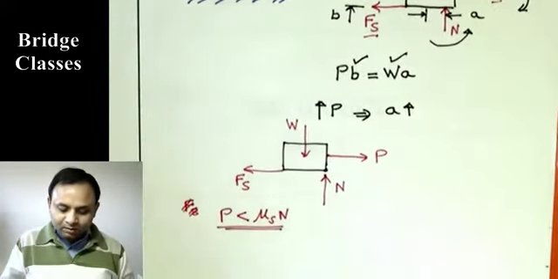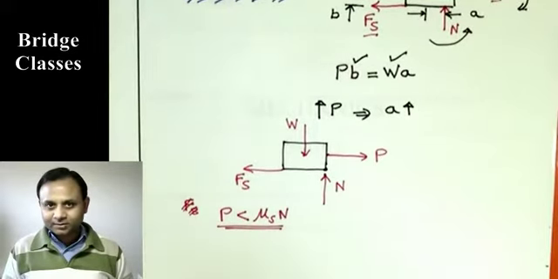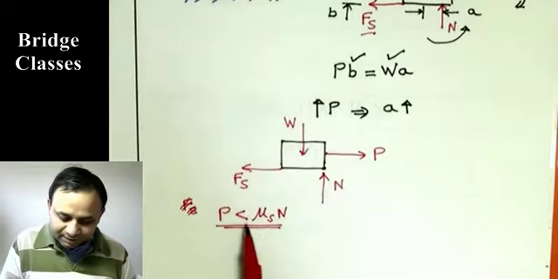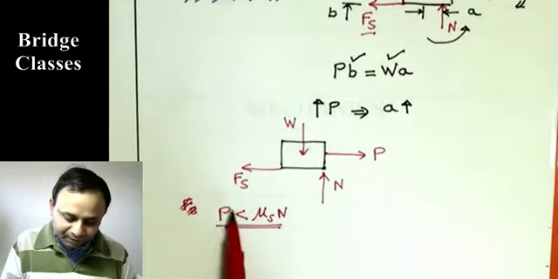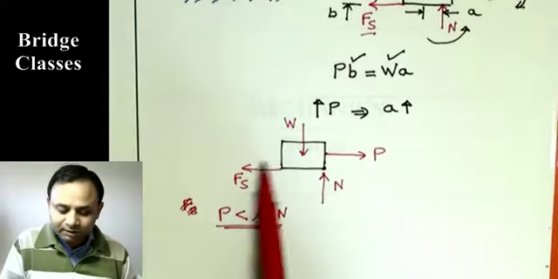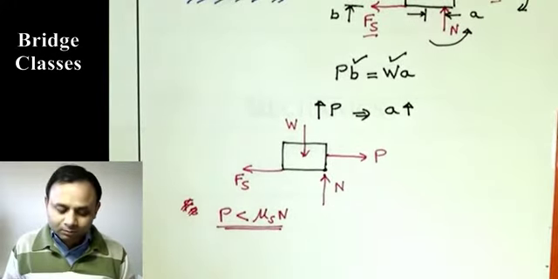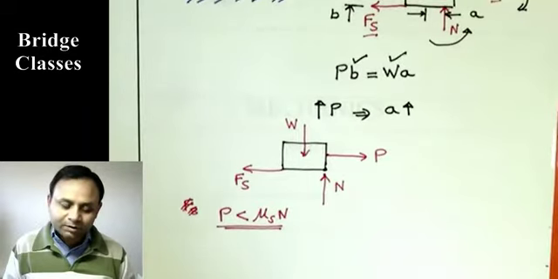If the normal reaction is at this point and still P is less than mu s N, applied force is less than the maximum possible friction. So the body is not going to slip up to this point. So the body has not slipped, and it is not on the verge of slipping.